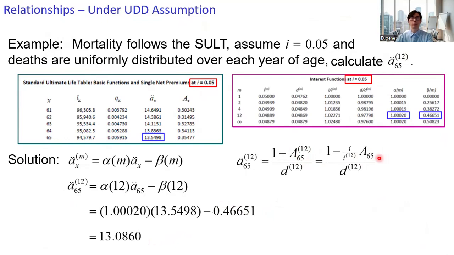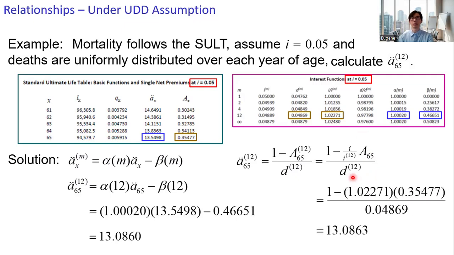From the table, we can get A65, 0.35477, and then i over i12, 1.02271, and the nominal rate of discount payable 12 times a year, d12, 0.04869. And we get this result. They should be the same, but due to rounding, there is some discrepancy.